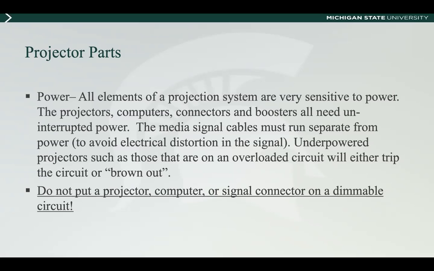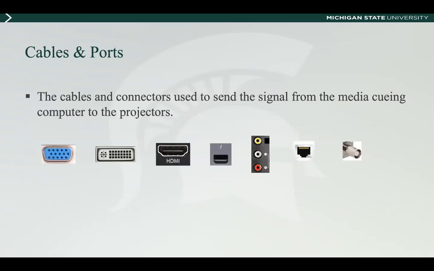It'll cause the image to be dim, right? So making sure that it's getting a constant stream of power is really important. If we are plugging a projector into a lighting dimmer, we're making sure that it's not dimmable, because if we dim the power to a projector, then the image won't show up right. So we have to make sure that it's not being dimmed.